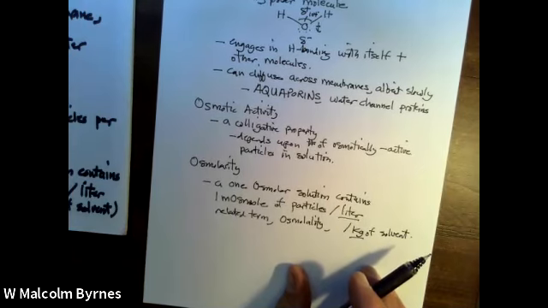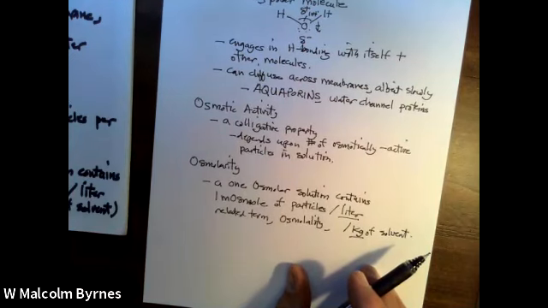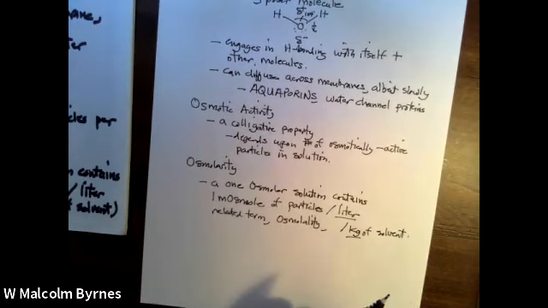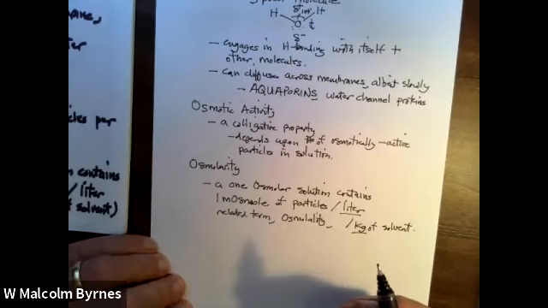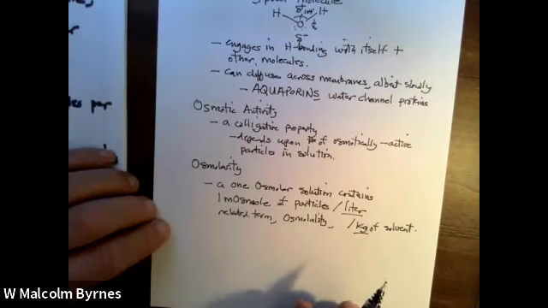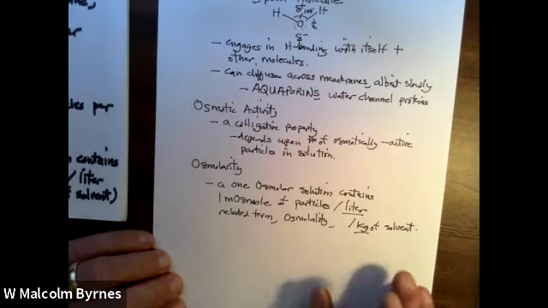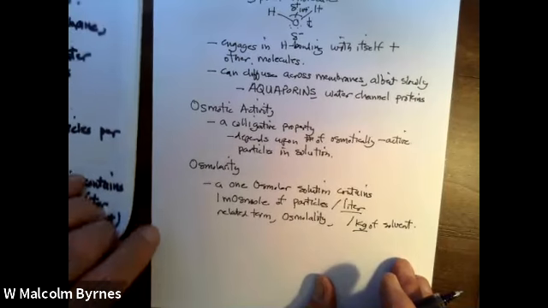When there's nothing dissolved in water, a liter of water is 1 kilogram of water. But the more things you have dissolved in water, the more that deviates, so that a liter will weigh more than a kilogram. And so the osmolarity and the osmolality will begin to become different, but for very dilute solutions, they're about the same.